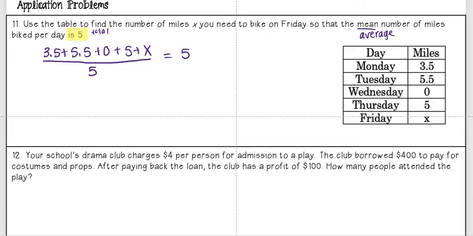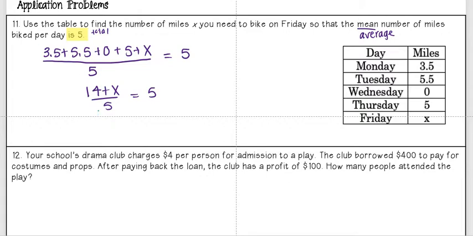So I want to now solve this for X. So first I am going to go ahead and simplify that top so there's not so many numbers there. And so when I do that, I have 3.5 plus 5.5 plus 0 plus 5 is equal to 14, plus X over 5.